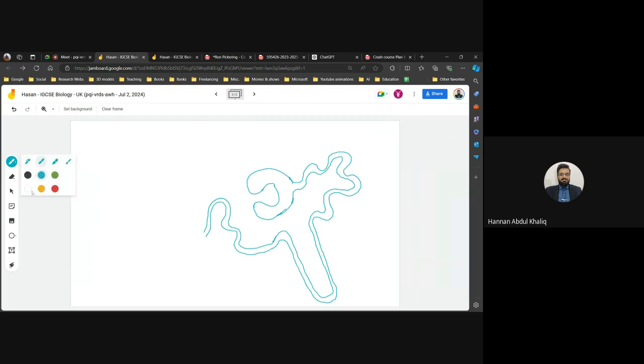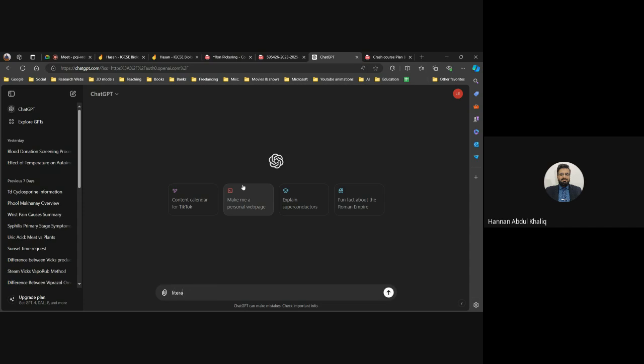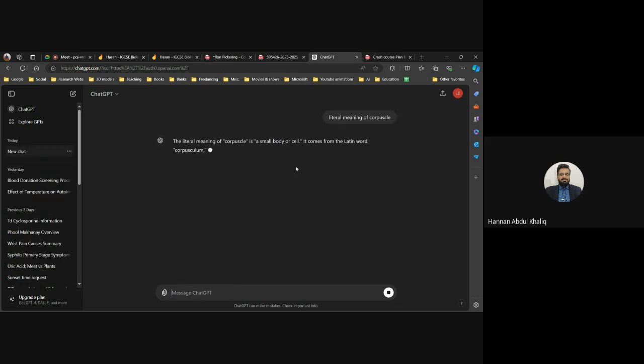When you see the nephron, you'll find two main parts. One is called the renal corpuscle. The literal meaning of corpuscle is body, or small body, or cell.